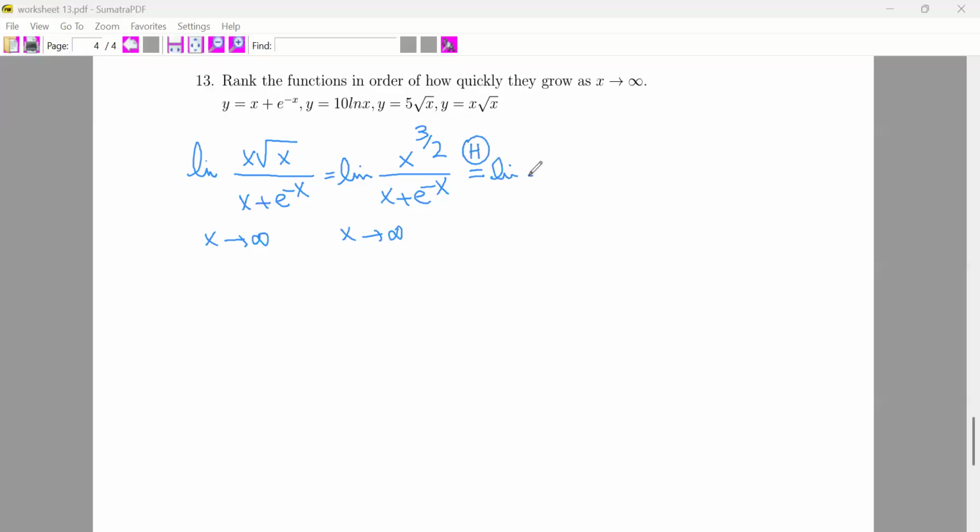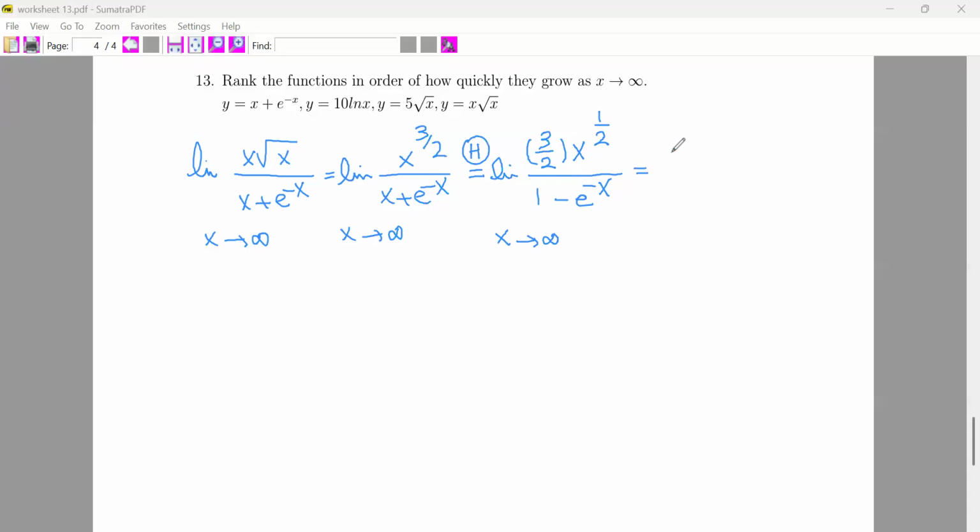We would get the limit of 3 over 2 times x to the power 1 less, which means 3 over 2 minus 1, which is 1 over 2, over the derivative of the denominator: the derivative of x is 1, and the derivative of e to negative x is negative e to negative x because of the chain rule, when x is approaching infinity.